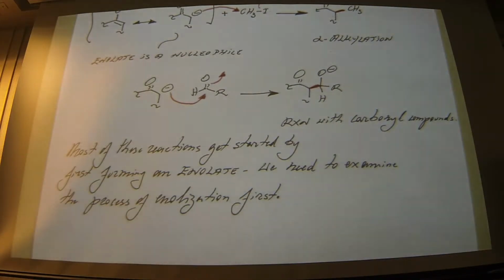Now, a related process exploits the dual activity of carbonyls. In other words, I said that carbonyls are nucleophilic at the alpha carbon through their enolates, but that the carbonyl carbon is electrophilic. So here I use a carbonyl compound both as the nucleophile and as the electrophile to form this red bond. This is a reaction that we're going to see down the line. This is called an aldol reaction.